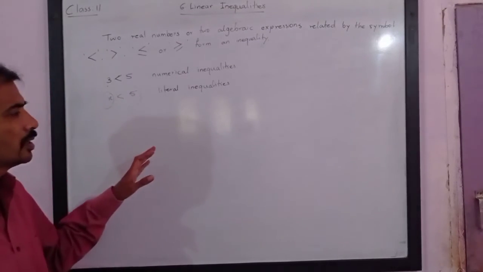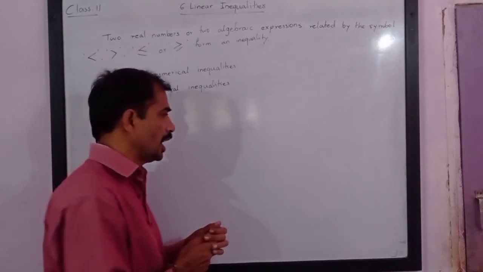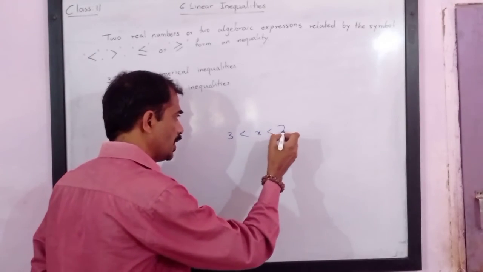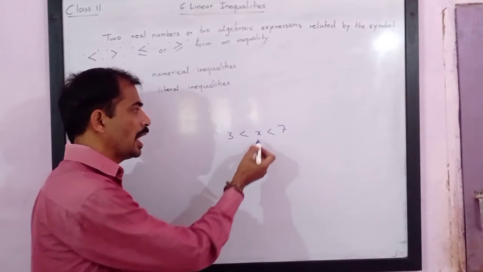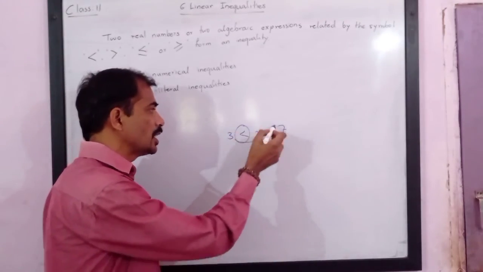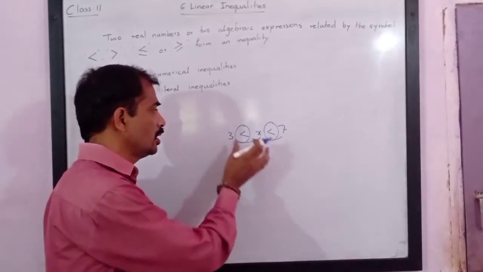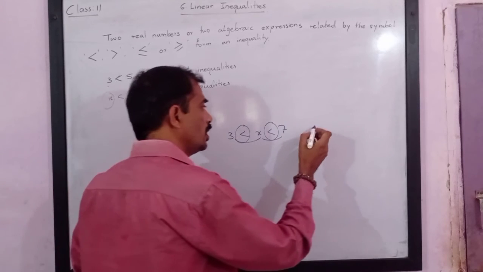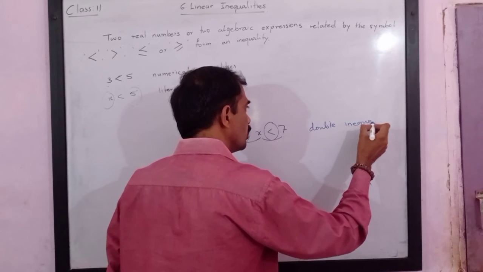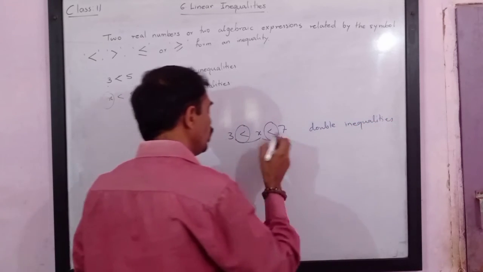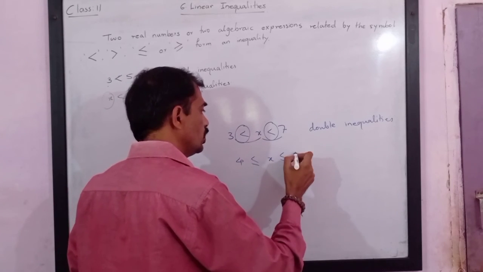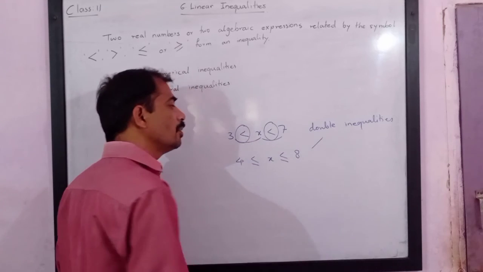Now see, you must have come across some inequalities like 3 is less than x is less than 7. Please note, x is greater than 3 but less than 7. So here two inequalities exist. Such relations are called double inequalities. If you take 4 less than equal to x less than equal to 8, then also this is a double inequality.